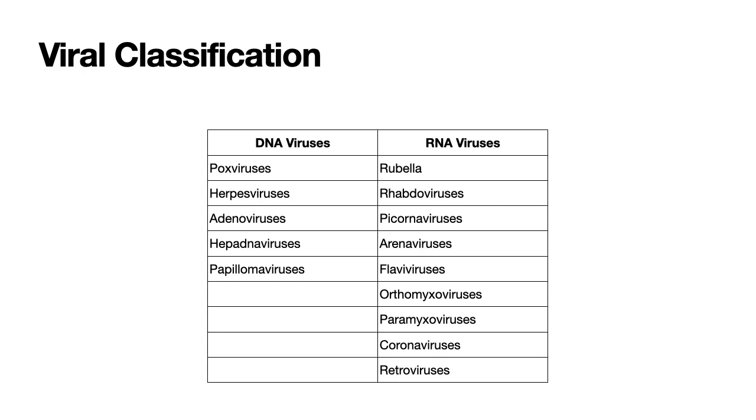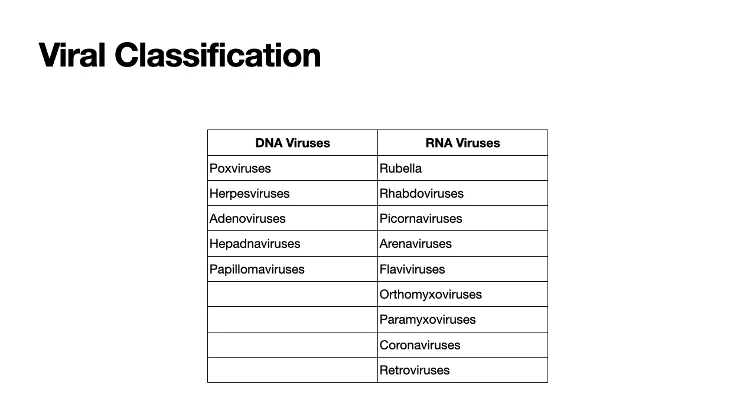Okay, so examples of RNA viruses are rubella, rhabdovirus, picornavirus, arenavirus, flavivirus, orthomyxovirus, paramyxovirus, coronavirus, and retrovirus. Rubella causes German measles.